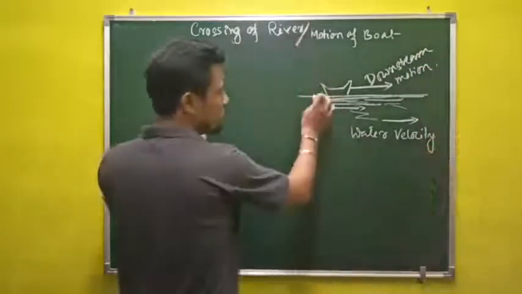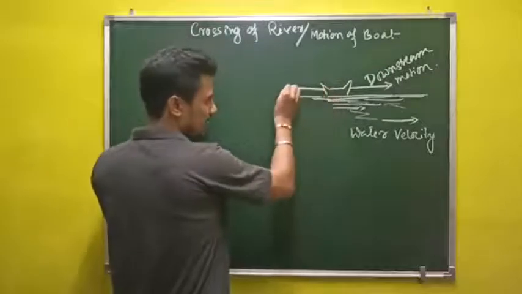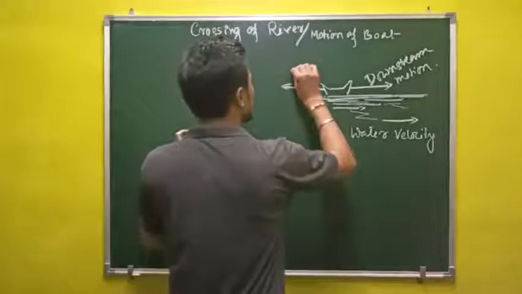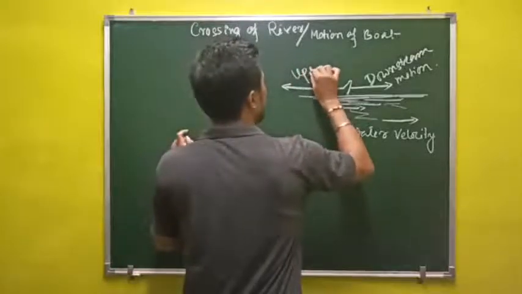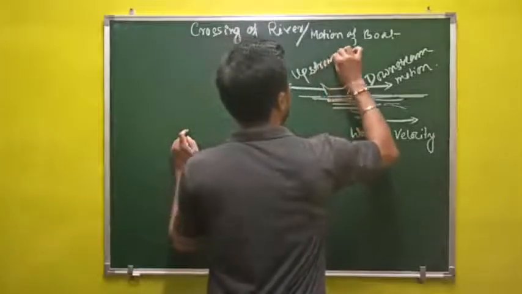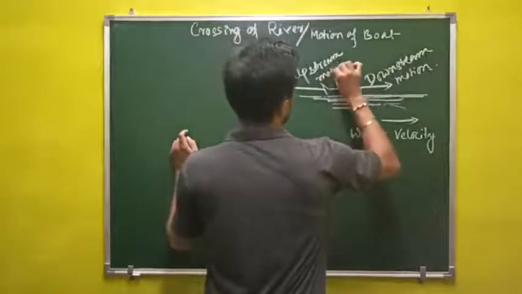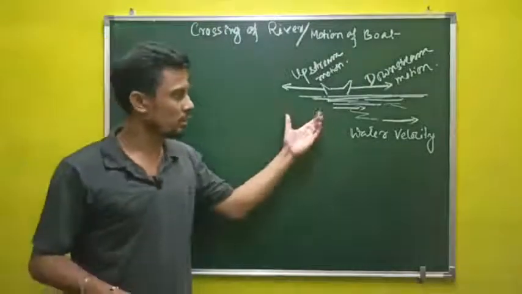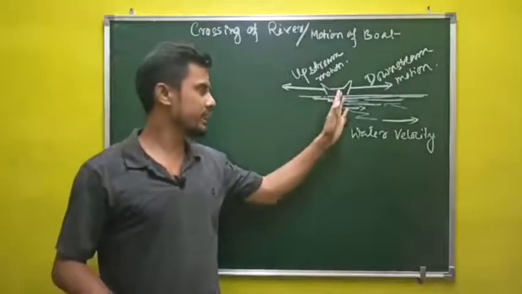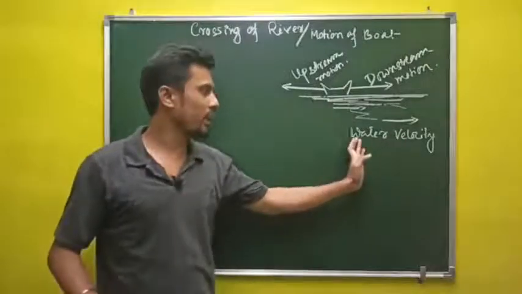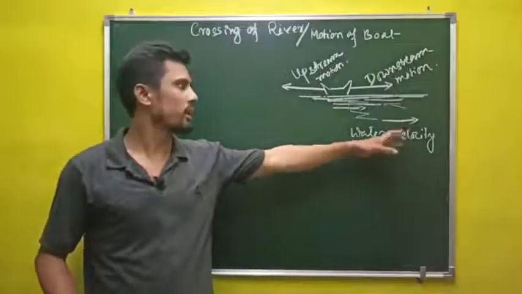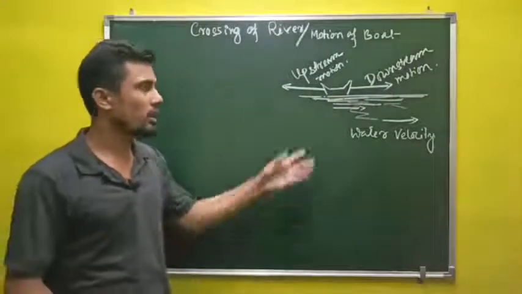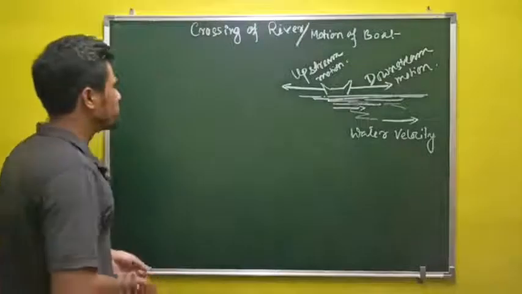If this boat is moving against the direction of the velocity of the water of the river, then that motion is called upstream motion. I hope you are clear about that. When the boat is moving along the direction of the velocity of the water, that motion is called downstream. When it is against the water velocity, it is called upstream.